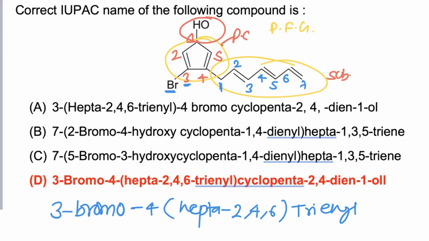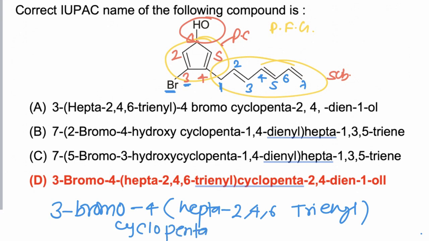Now this is a complex substituent and the name of a complex substituent must be written in small brackets, (hepta-2,4,6-trienyl). Now total 5 carbon atoms are present in the main chain, cyclopenta.